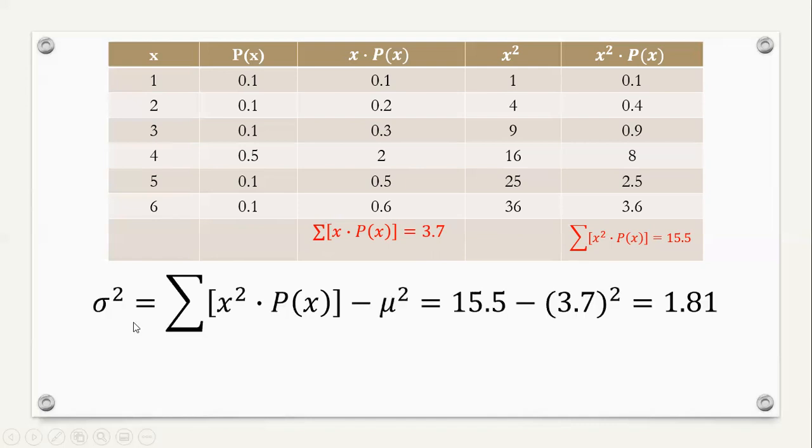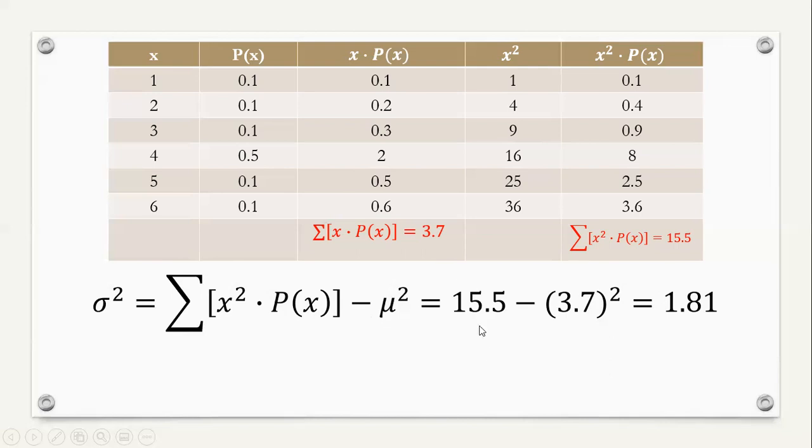And to find the variance, we need to have this column. As you can see, I first squared the values of our random variable x. So these are the values, and then multiplied again by the corresponding probability, and the summation will be used in finding the variance. So remember, this 15.5 will be subtracted by the square of the expected mean.